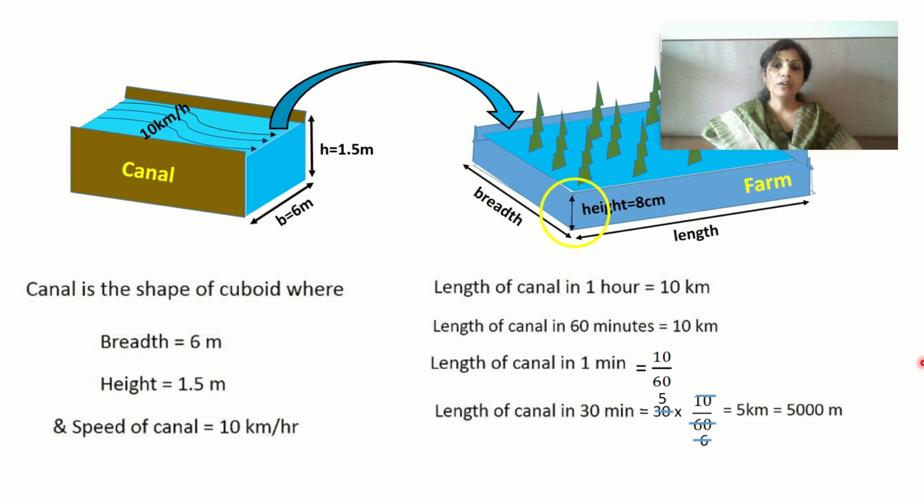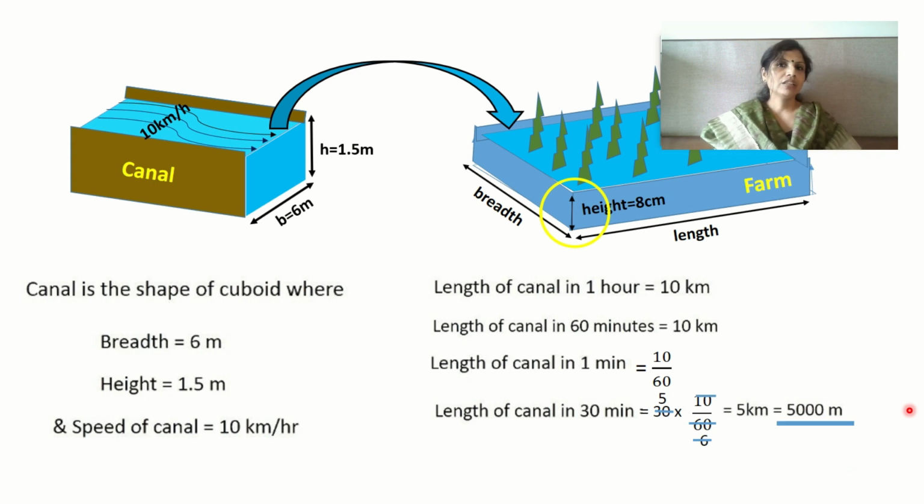Length of canal in 1 minute will be 10 by 60. But we want to know how much area this water irrigates in 30 minutes time. So length of the canal in 30 minutes will be 30 into 10 by 60. Cancel out the terms. 10 6 are 60, 6 5 are 30. So we are left with 5 km and 5 kilometers is equal to 5000 meters.